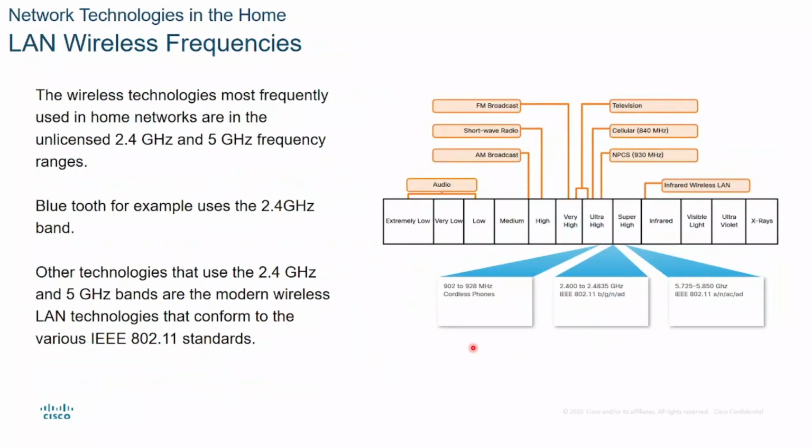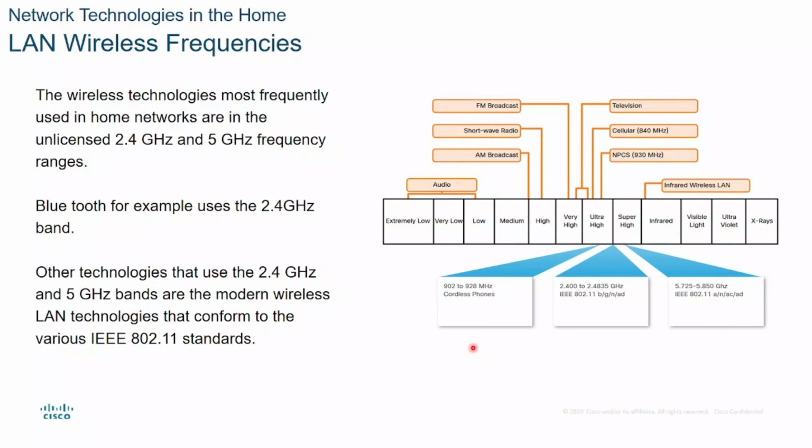So let's look at the LAN wireless frequency. The wireless technologies most frequently used in the home network are in the unlicensed 2.4 GHz and 5.0 GHz frequency ranges. Bluetooth, for example, uses the 2.4 GHz band, although there's Bluetooth 5.0, Bluetooth 3.0.